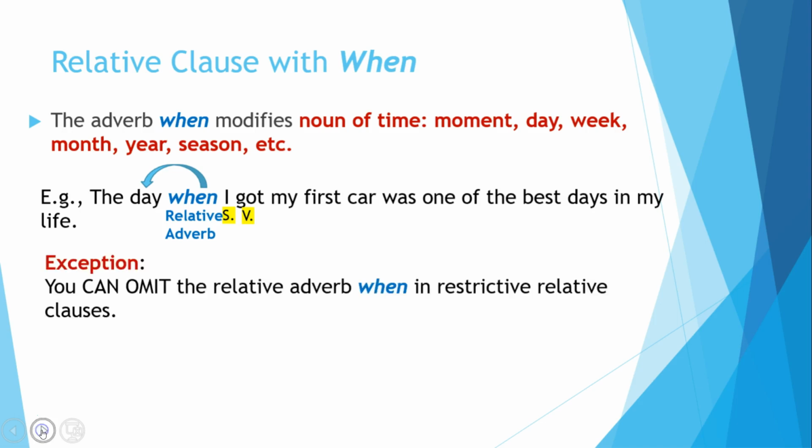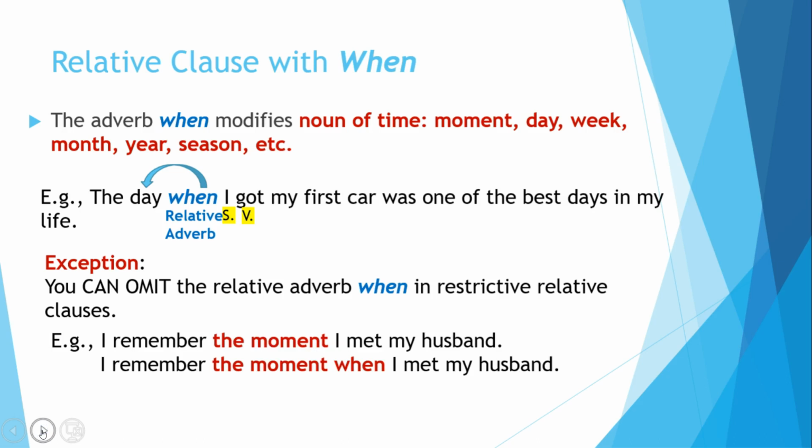Now there is one exception to this rule. You can omit the relative adverb when in restrictive relative clauses. For example, I remember the moment I met my husband. Okay? Or you can say, I remember the moment when I met my husband. These two sentences mean the same thing.